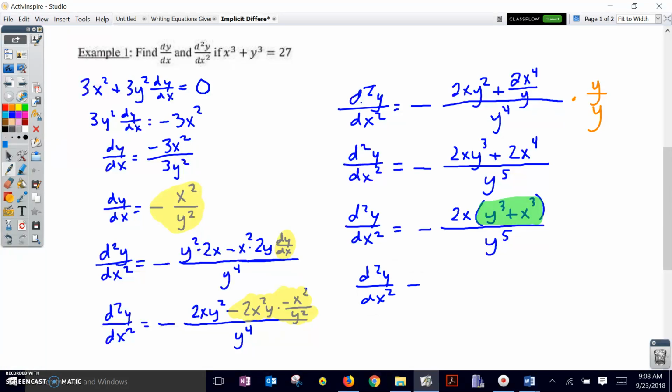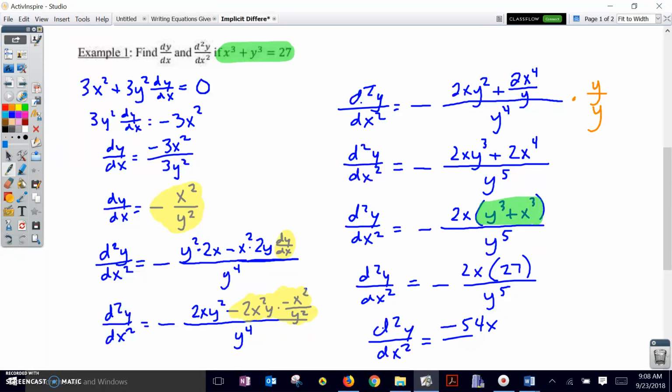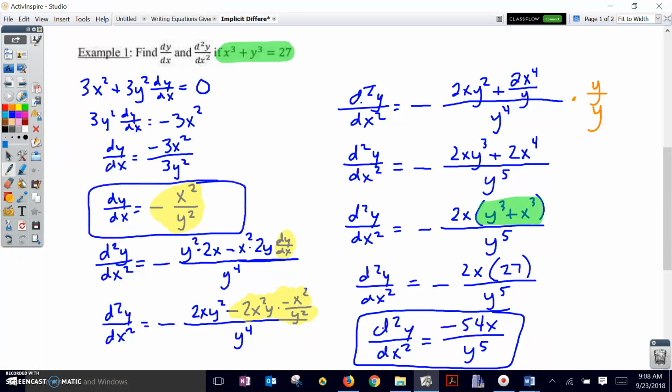Now how do I know that y cubed plus x cubed is equal to 27? That goes back to the original equation. x cubed plus y cubed equals 27. And I can make that substitution back in, and we end up with our second derivative being negative 54x over y to the fifth. So there's my second derivative, and there's my first derivative, using implicit differentiation.